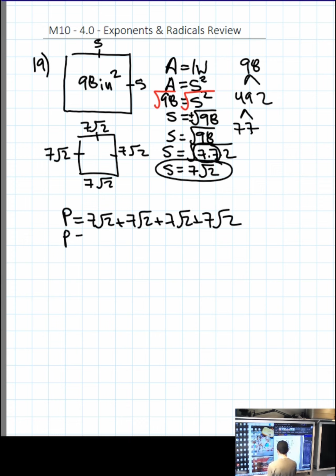So P equals, if I have 7 root 2's plus 7 root 2's plus 7 root 2's plus 7 root 2's, that just means I can add the coefficients. I have 28 root 2's. And that will be in inches. Circle our answer. So lots of the times they give you information that you have to use one formula for to eventually use that information that you found from that formula to use in another formula to find something else.